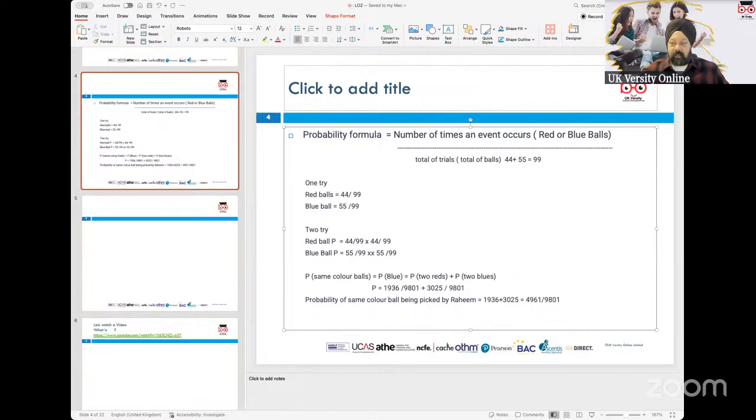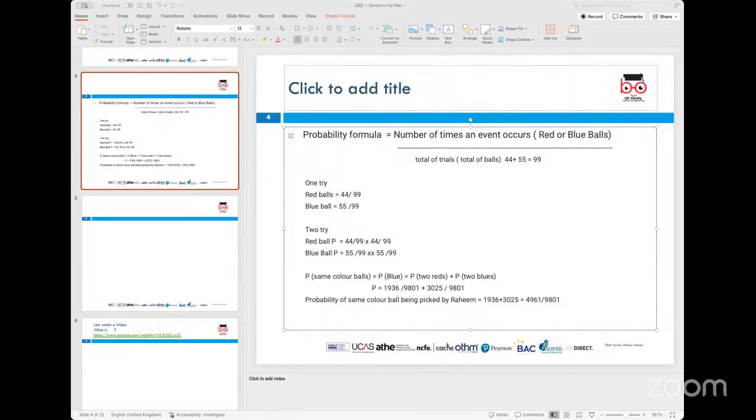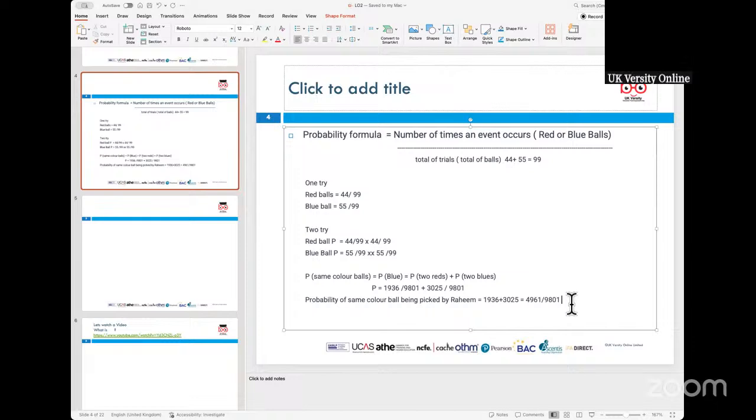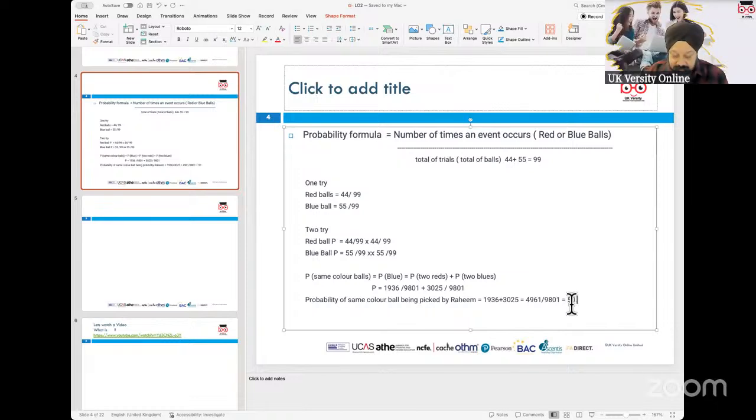That's the answer. That's the probability. If I have to go into details of it and we have to find out the percentage, it is 4961 divided by 9801 times 100. So the probability of Rahim picking out two same colored balls is 50.61%. So if you multiply this by 100, this is what will give you the probability, and that's the answer.